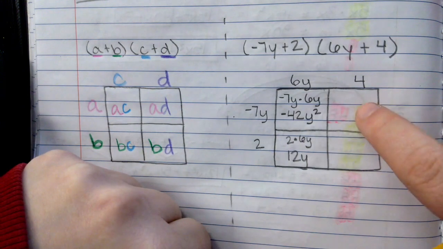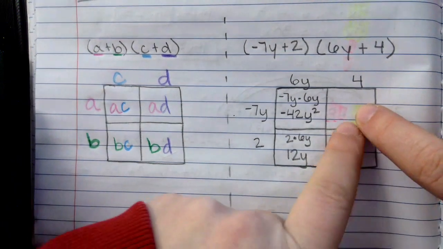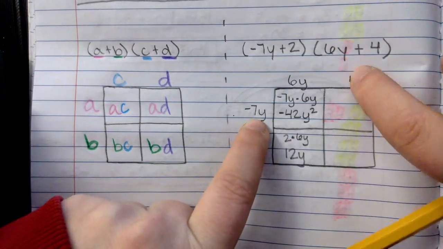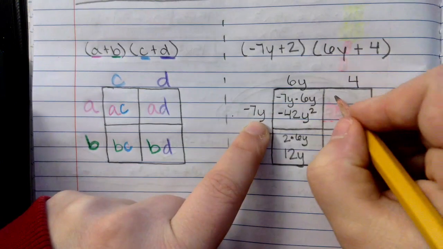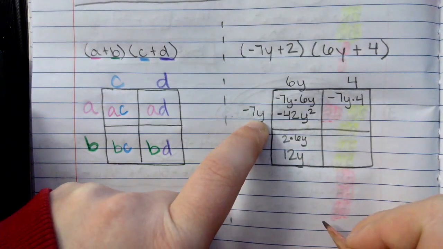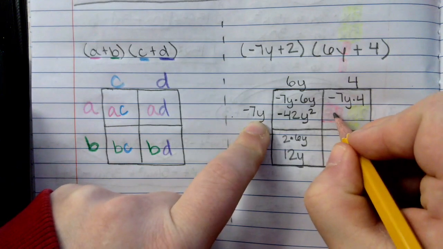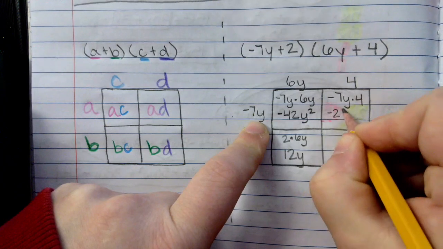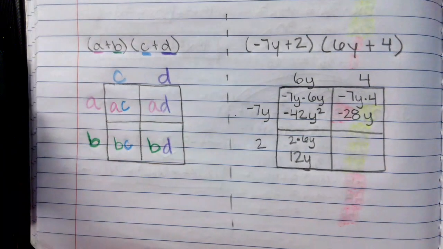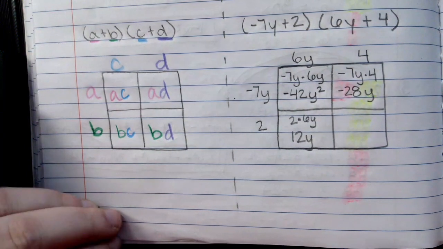Good, negative 7y times 4. And negative 7 times 4, negative 28. And how many y's? Just 1. And then in that last box, 2 times 4, 8. Now we're going to write those insides as a sum, as a total.